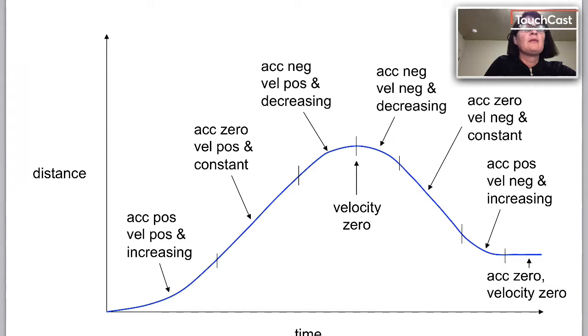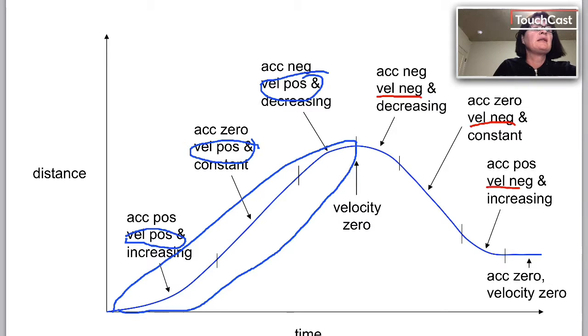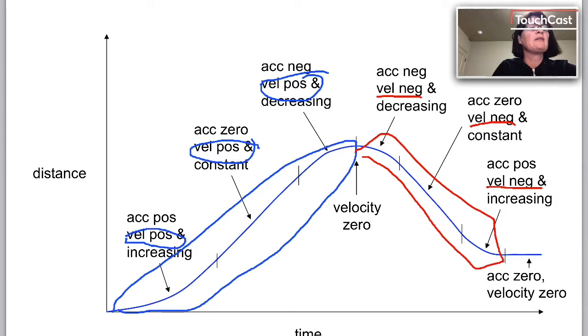So notice here I have an uphill position function, which means velocity is positive, positive, positive. Any place I have a decreasing position function, I have negative velocity. Negative velocity, negative velocity, because my position function is headed downhill.